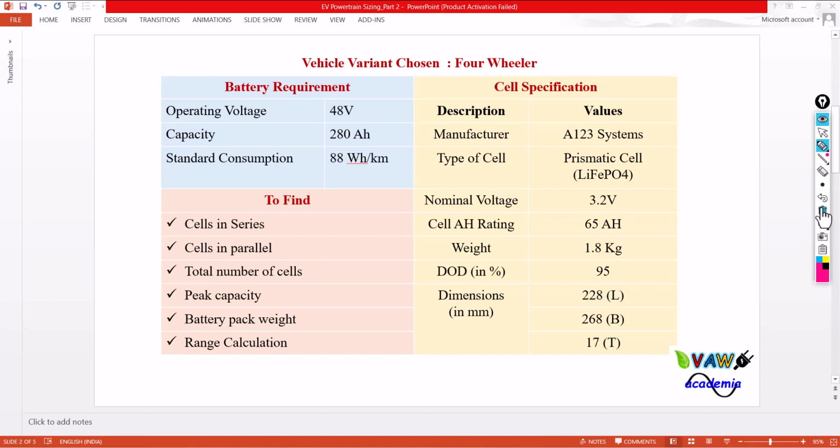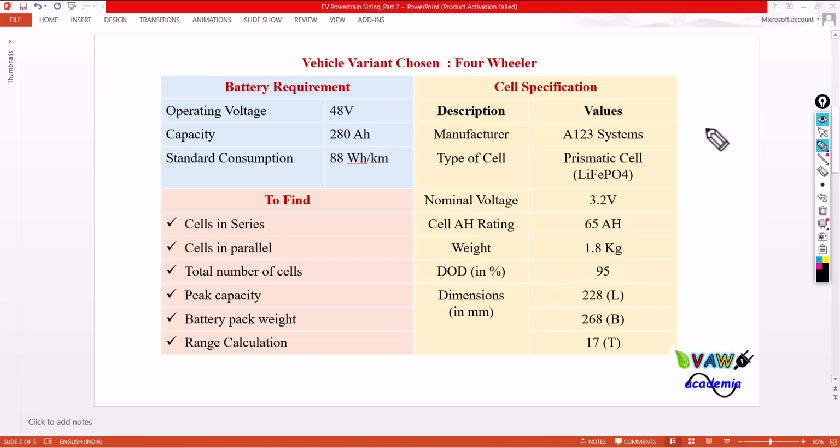In this case, the cell we are using is a prismatic cell, that is a lithium ferrophosphate cell, and the nominal voltage of a single cell is 3.2 volts. The current rating of a single cell is 65 ampere hour. The mass of a single cell comes to around 1.8 kg, and DOD, that is depth of discharge, is 95%.